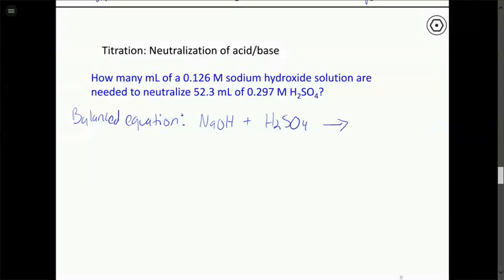The nice thing is, for a titration problem we don't really care what the products are, because all we're interested in is the ratio of the two reactants that we're adding in. But if we want to write the products out for this reaction, remember that in an acid-base reaction we form an ionic compound. So the sodium from NaOH pairs with the sulfate, SO4 2-, to make sodium sulfate. And then the other product of the acid-base reaction is always water.